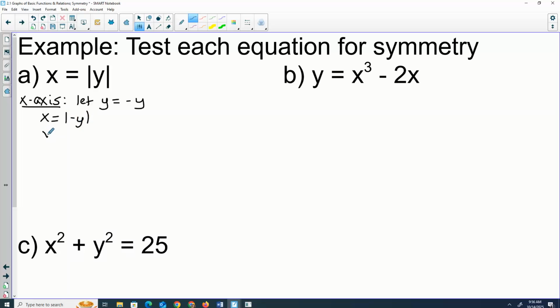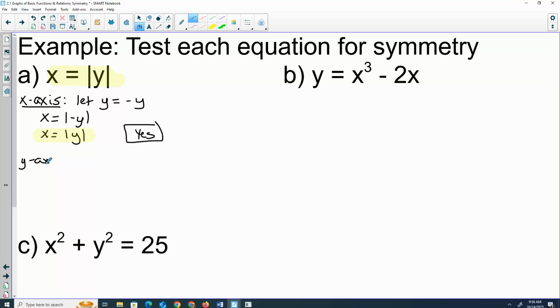What happens if you do the absolute value of a negative y? That's the exact same thing as the absolute value of positive y. Is that the same as my original equation? Yes. So whether y is positive or negative, I get the same thing. So this graph is symmetric to the x-axis.